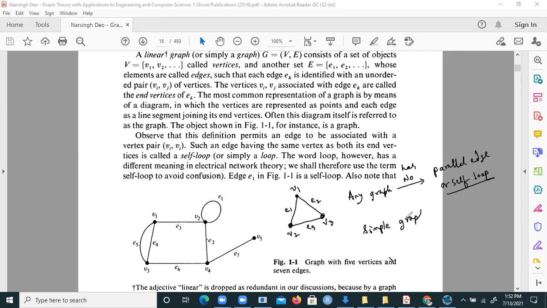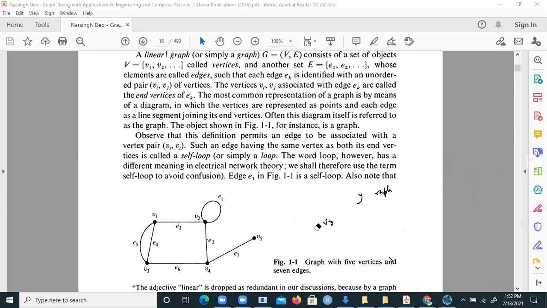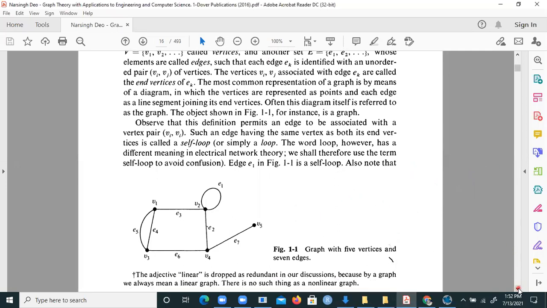So the structure simple graph is actually very important, and it plays a very fundamental role in the study of graph theory. Okay, so a graph which has no parallel edge and self loop is called the simple graph. Now let's move on. I think in the next page, the definition of simple graph is given.